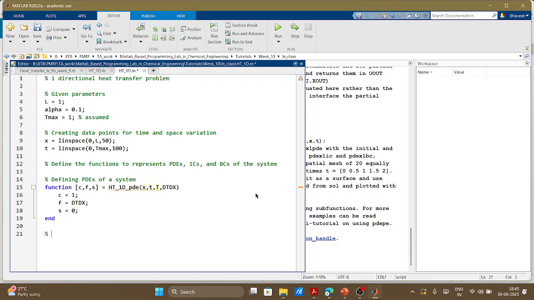Now defining the initial condition for the system. For the initial condition you only need one output, T0. I can write it as heat transfer 1D IC, initial condition, function of x. What is my initial condition?